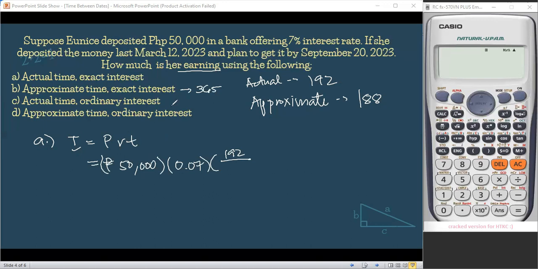Dito po kay ordinary or the banker's interest, we have 360 lang po. Kapag hindi po specified kung exact or ordinary, always use the ordinary because it is also known as the banker's interest. Ibig sabihin po, yung mga bangko kalimitan na ginagamit is 360. So dito po nakalagay exact interest, so we have 365 here.